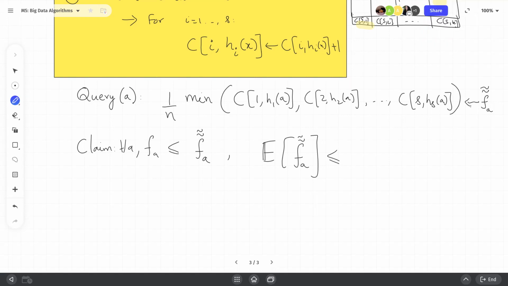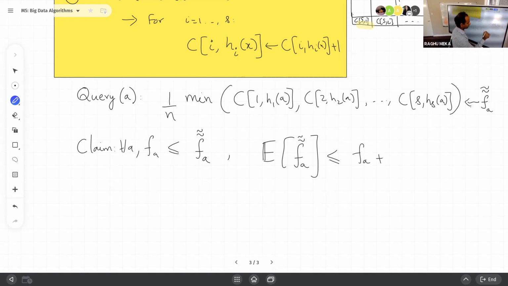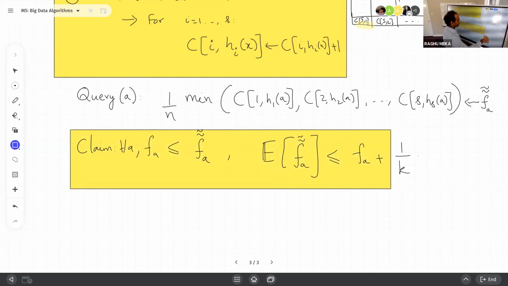So its expectation can be at most the expectation of any one of them, which was this much. Okay? So the expectation is good and we are always lower bounded, so this is fine. But we didn't improve much in the expectation. So this hasn't changed much from what we had when we didn't take the minimum.